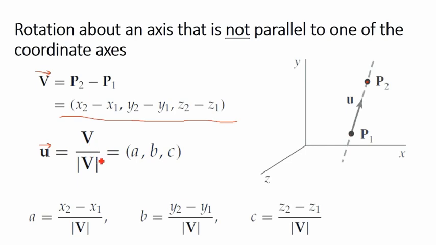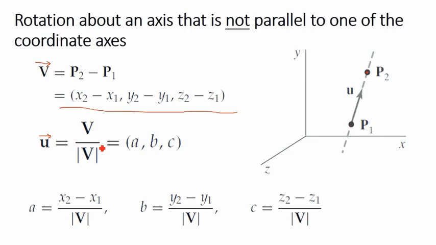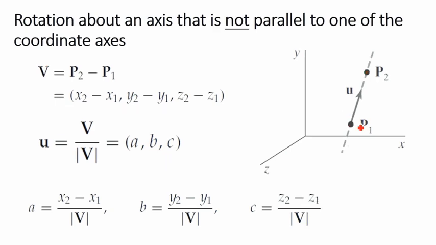So the resulting unit vector, let me call it (a, b, c), where a is x2 minus x1 divided by the magnitude of v, b is y2 minus y1 divided by the magnitude of v, and c is z2 minus z1 divided by the magnitude of v. What we have after this step is a unit vector along this axis.